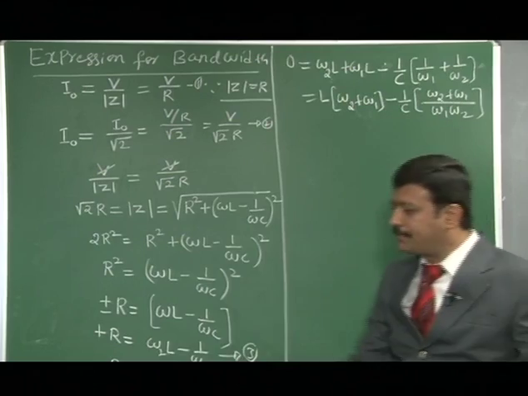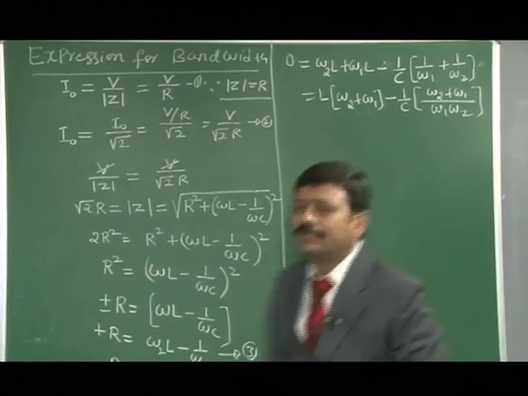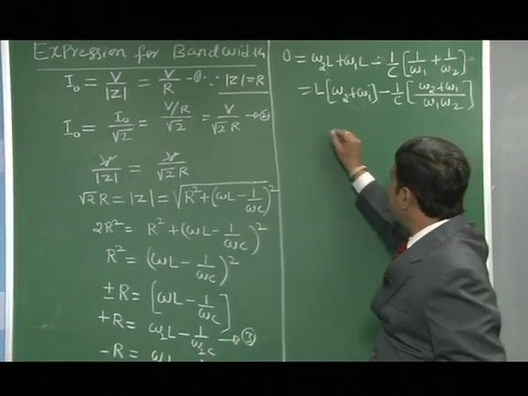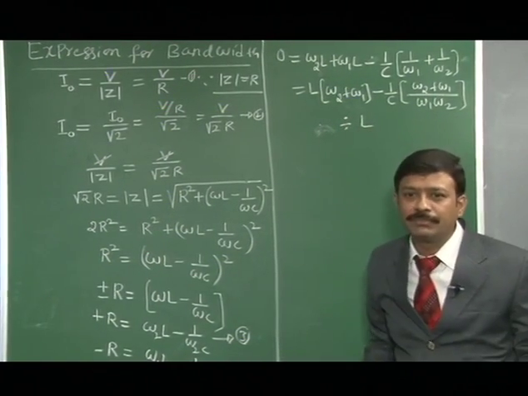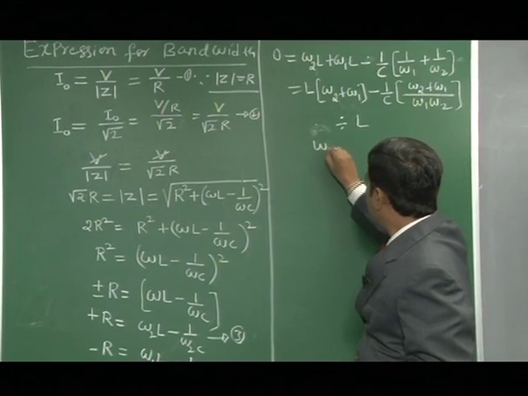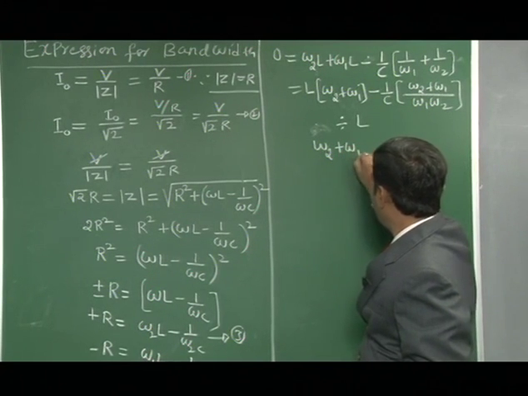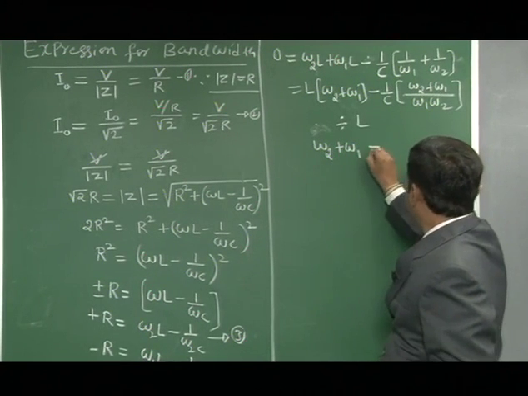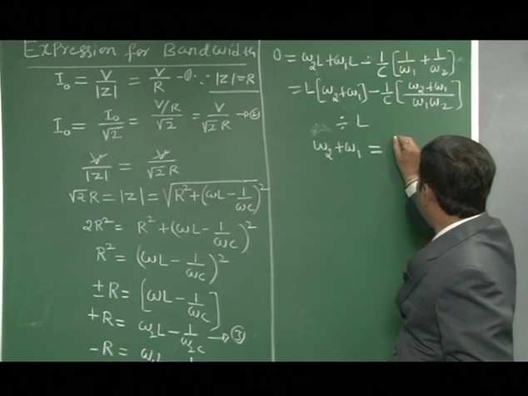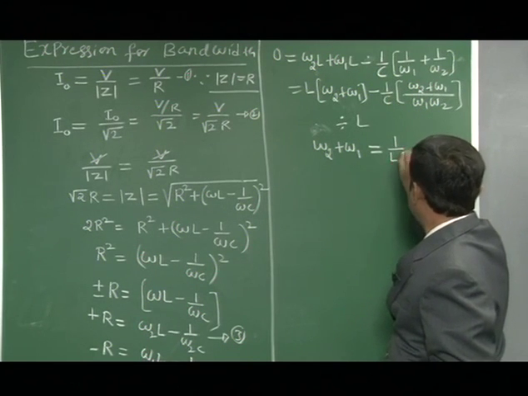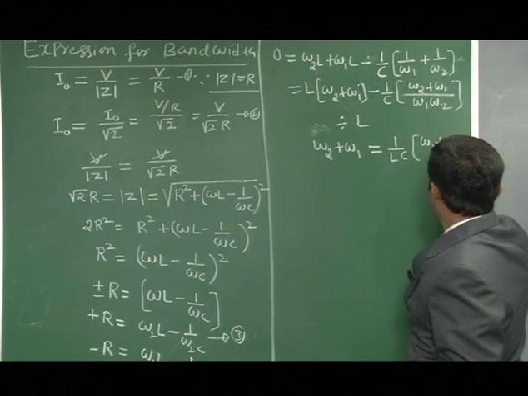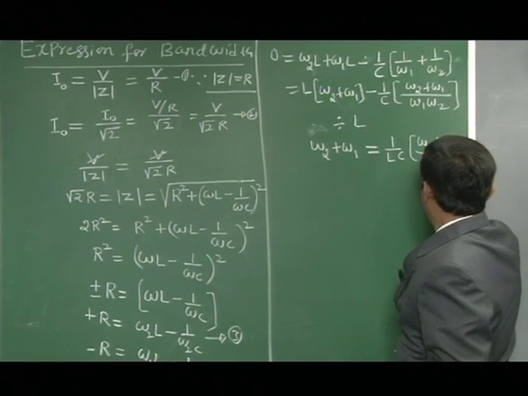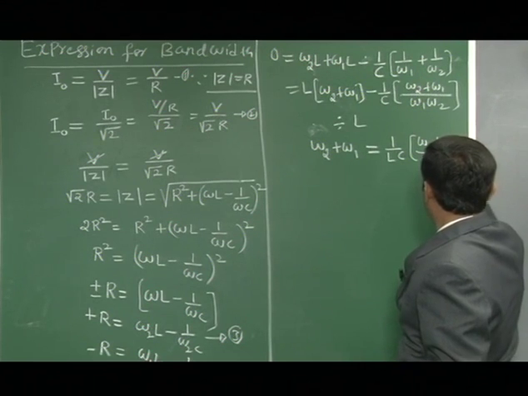Divide the above expression by L, you will get omega 2 plus omega 1. I will send this to the other side, it will be 1 by LC into omega 1 plus omega 2 by omega 1 omega 2.